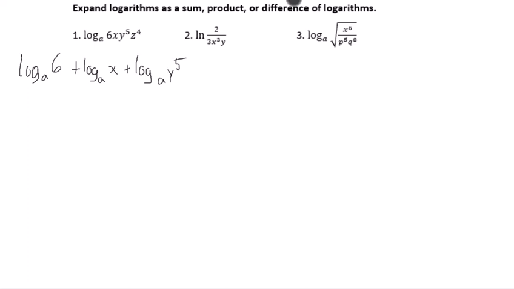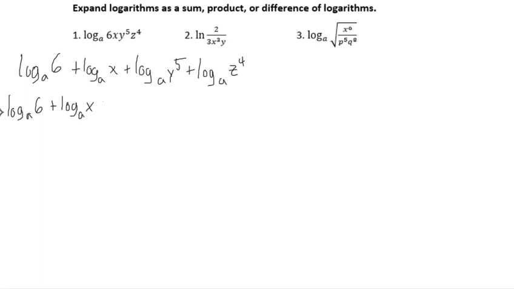And so that's writing them all out as products of multiplication, but some of these have exponents which we need to kick to the front. So this is log base a of 6 plus log base a of x.